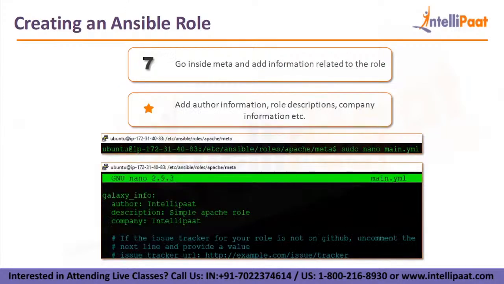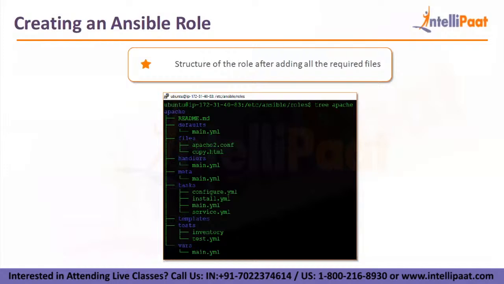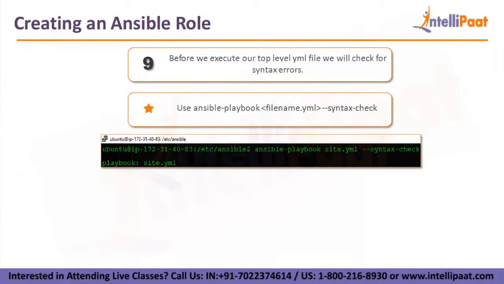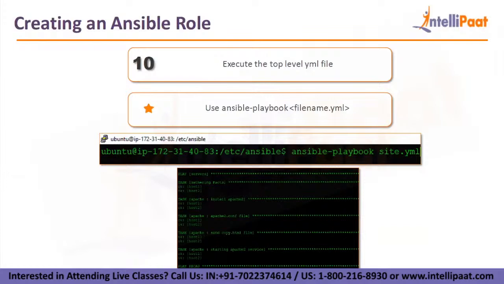Then inside the metadata you can write whatever you want: your name, email ID, maintainer name, and any dependencies, because on the basis of that you can understand what exactly this role is going to do. Then your configuration looks something like this. Simply call your role in the playbook for the inventory where you want to install Apache, then execute the playbook and it will install Apache on those boxes. So this is how a role works.